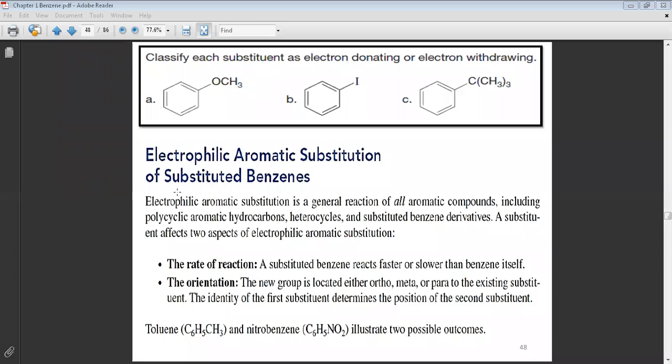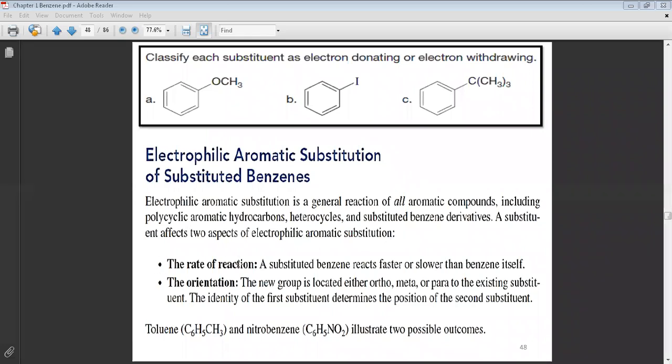Now, electrophilic aromatic substitution is a general reaction of all aromatic compounds, including polycyclic aromatic hydrocarbons, heterocyclics, and substituted benzene derivatives. The substituent affects two aspects of the electrophilic aromatic substitution.